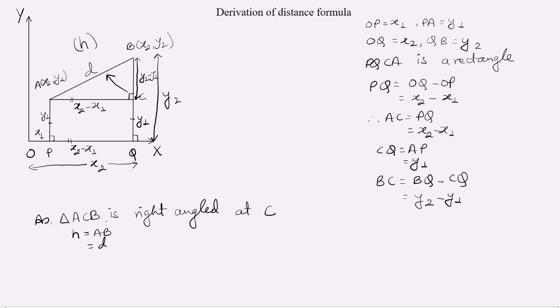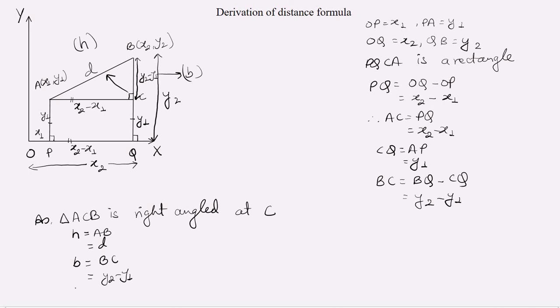As the reference angle is not given, we can suppose any side as base and perpendicular. For the base I'm going to suppose this side. Base means BC, and the measurement of BC is y2 minus y1.